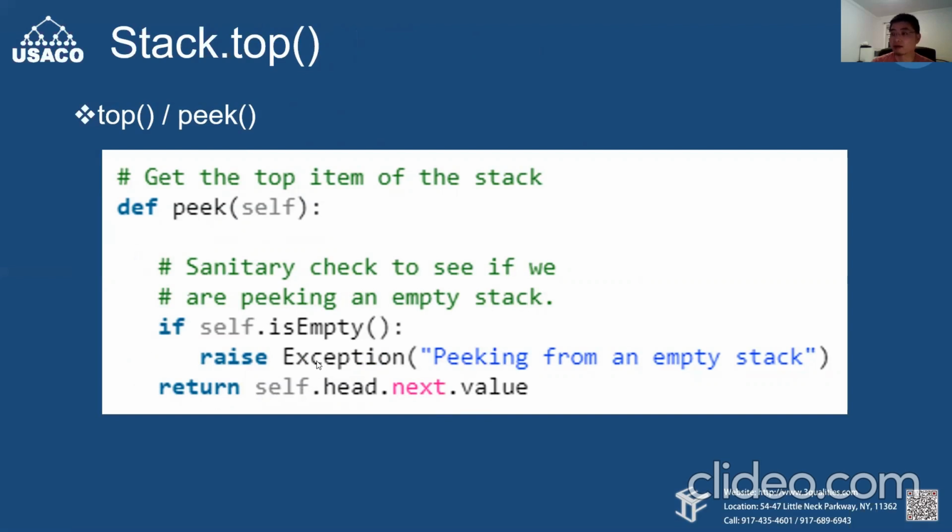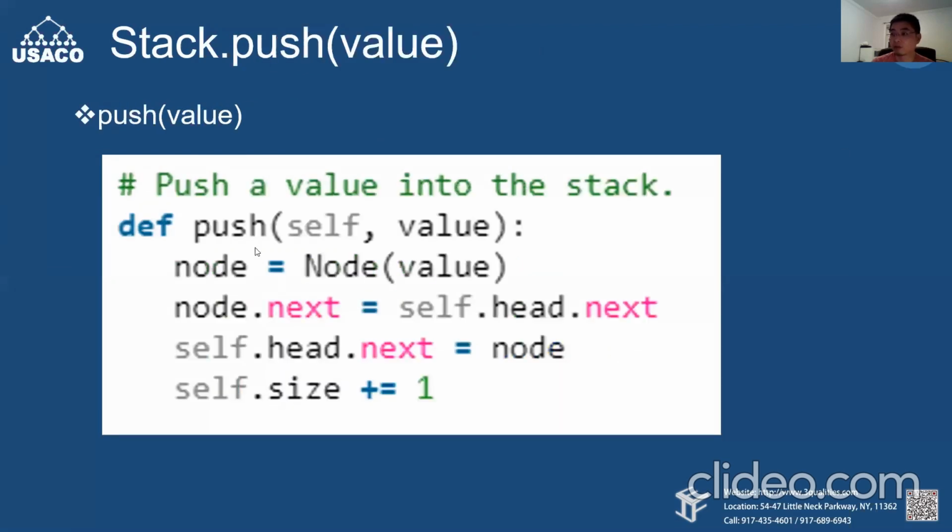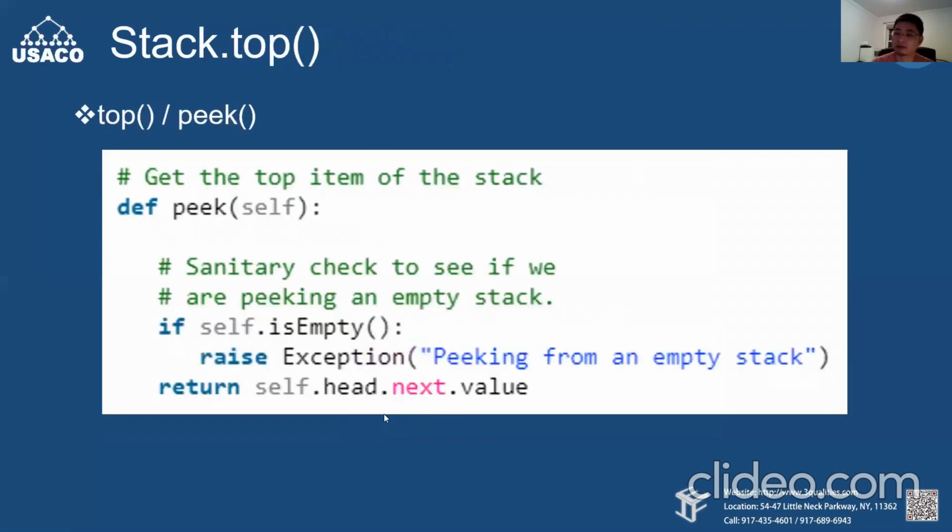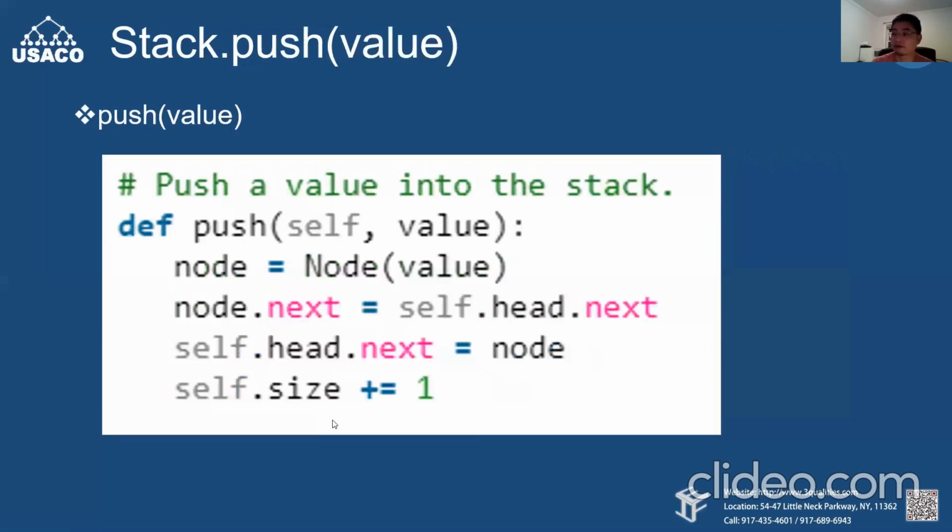And you know what, I think before I write the top code, I'm probably gonna show you the push code firstly. Otherwise you're gonna be confused: hey, why head the next value? So what is the head really pointing to? Now let's take a look at the push function firstly.